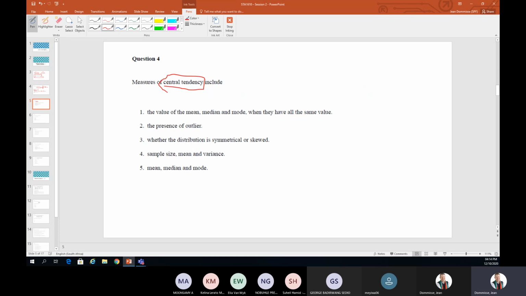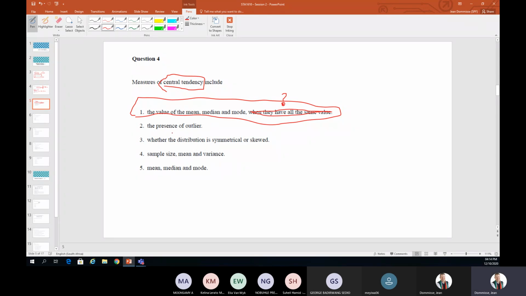The first option: the value of mean, median, and mode when they have all the same value. Not 100%. They don't need to have all the same value, so I'm not too sure yet if that is correct.